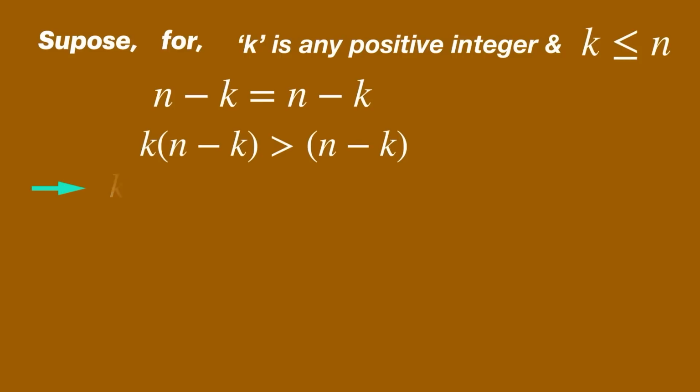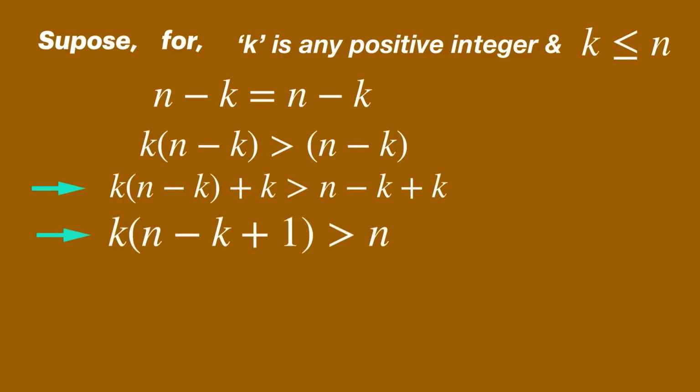Now we add k to both sides, and then on the right side, plus k minus k vanishes, and on the left side we can take k common.